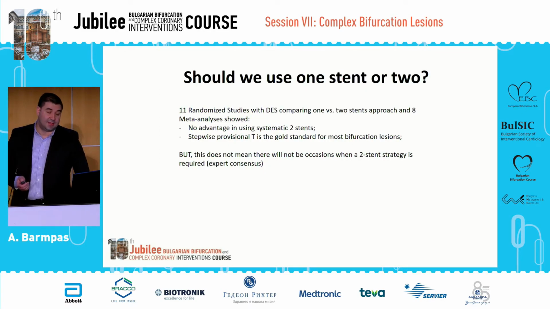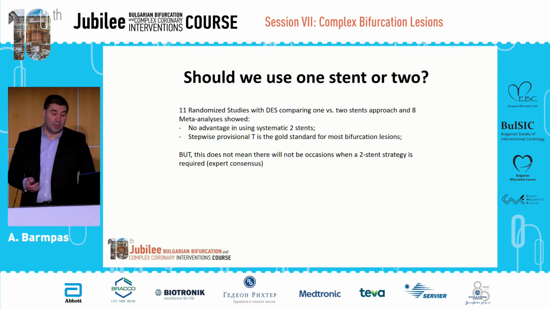Eleven randomized studies with DES comparing one or two stents approach and 8 meta-analyses showed no advantage in using systematic two stents. Stepwise provisional T is the gold standard for most bifurcation lesions, but this does not mean there will not be occasions when a two-stent strategy is required.